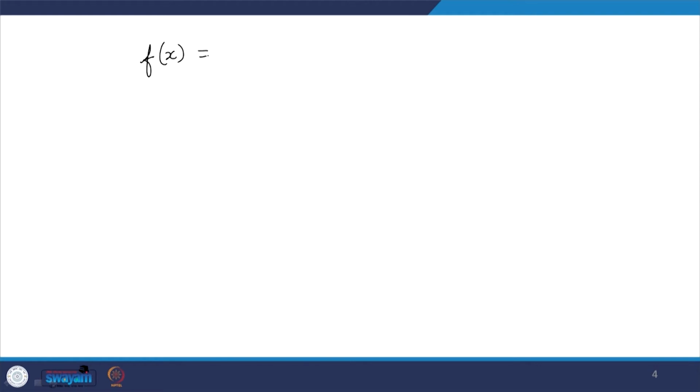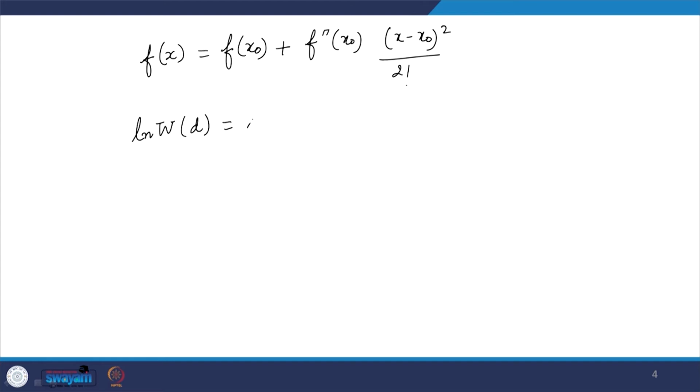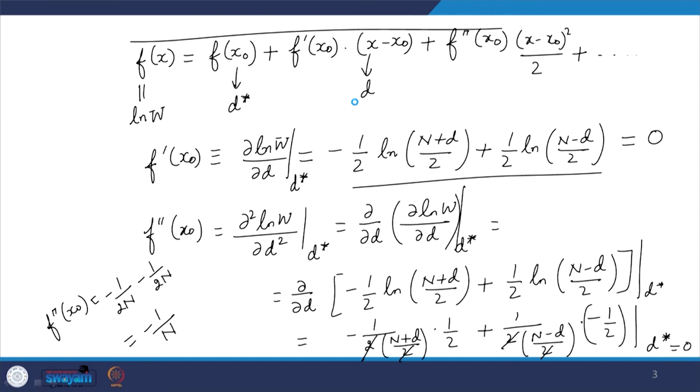f of x is equal to f of x 0 plus this first term goes to 0. So, what we have is the second term, x minus x naught square by 2 factorial, or in terms of ln w of d is ln w of d star, and what we have found is that f double prime is minus 1 by n.